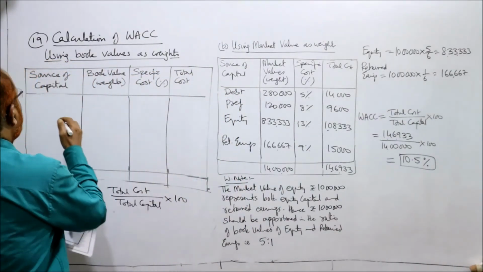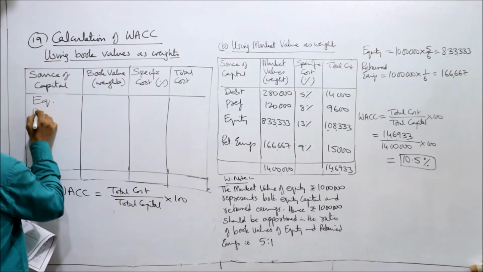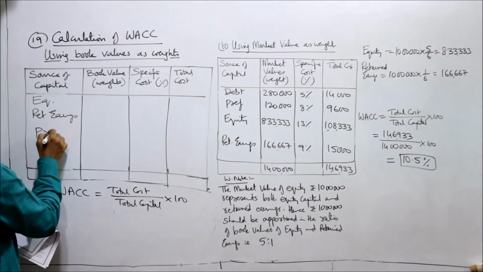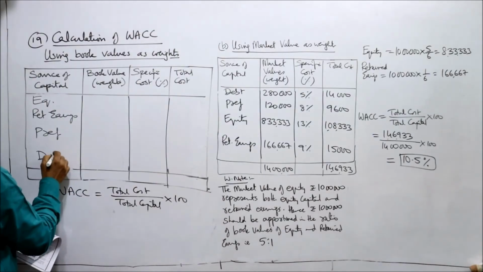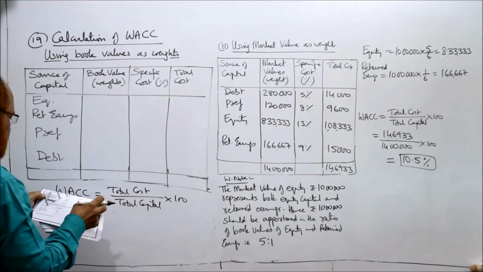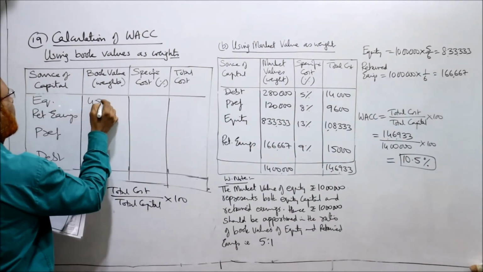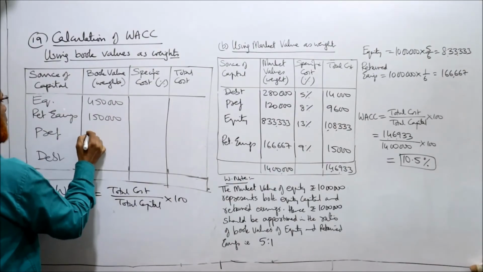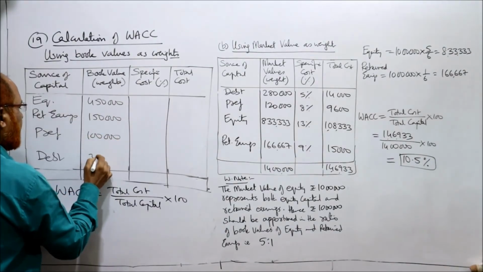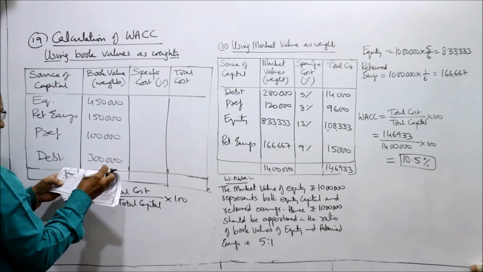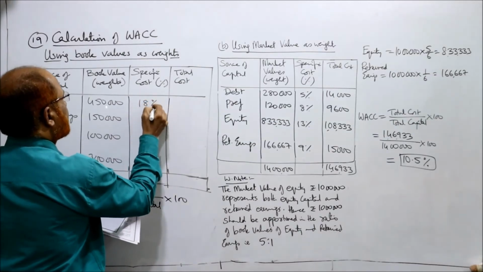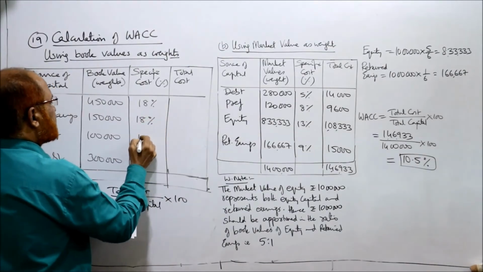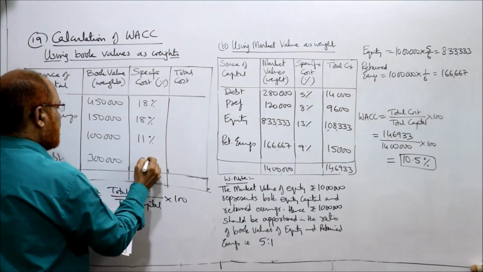That is given: equity, retained earnings, then preference, last one debt. These are the different sources given, right? The amounts are 4,50,000, 1,50,000, 1 lakh and 3 lakh. The specific costs are equity 18%, then retained earnings 18%, preference 11% and debt 8%.